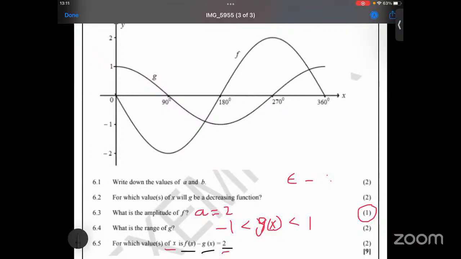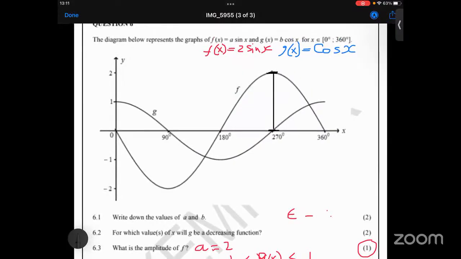Let's see. This is the graph of F at that point, going down all the way up to there, being up to that one of G, because this is f of X. That graph, it is the one for f of X. And that one there, it is that one of G of X at that point of 270.